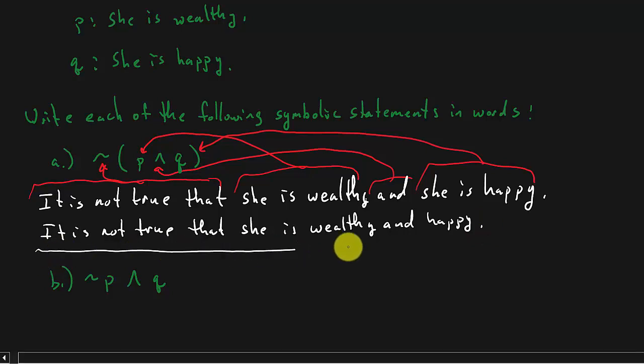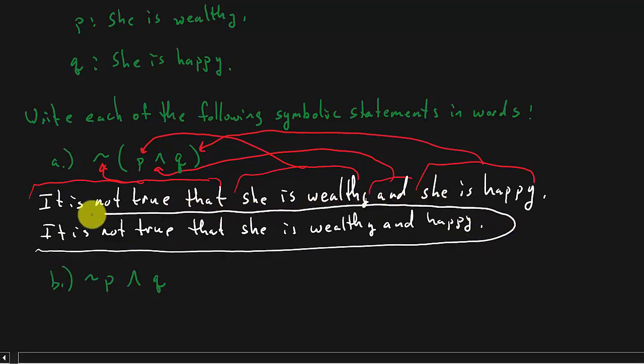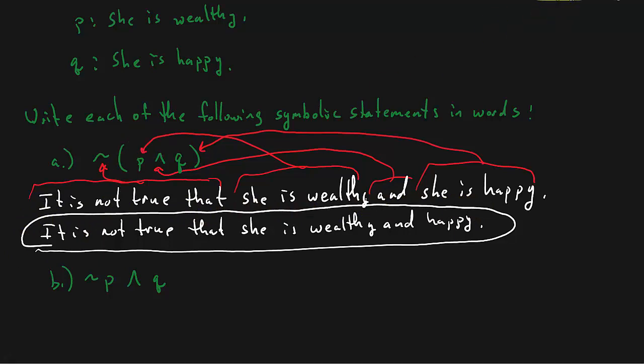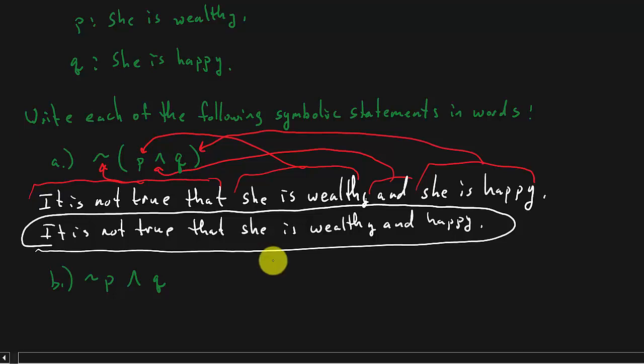All right, so you would have something like this. And then, just for fun, there's a couple other ways you could write it. You could also write, it is not true that she is both wealthy and happy.